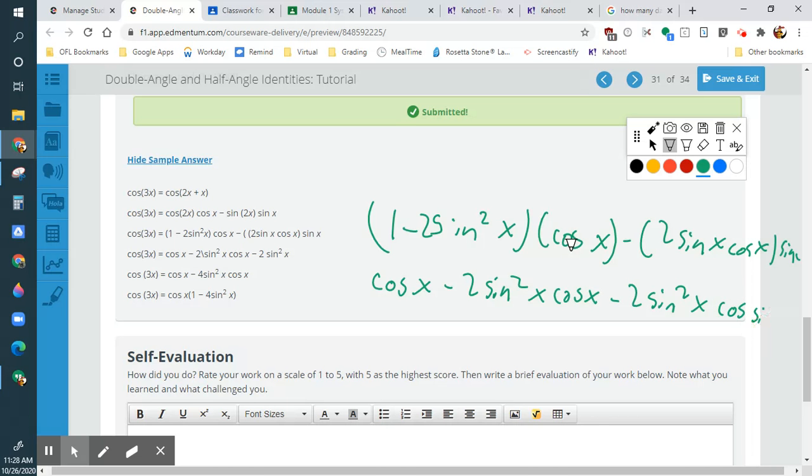Oh wait, no, not cosine sine. I don't know if you guys can see it because I know it crashed out, but this times that is going to square it. We're going to square those sines together. So we end up getting this.